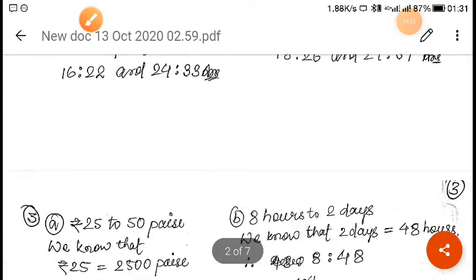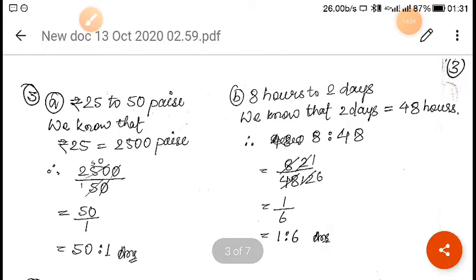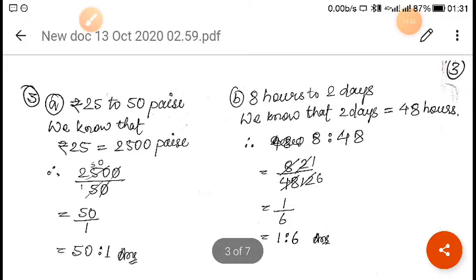Now the next one is a little bit complicated, but it will be easy because we have done this type of question previously, in the previous chapter. As you can see, we have to find out the ratio between 25 rupees and 50 paise.